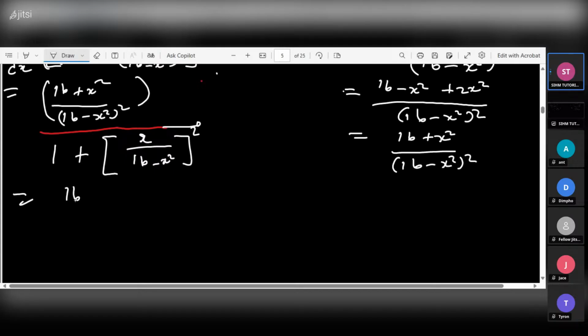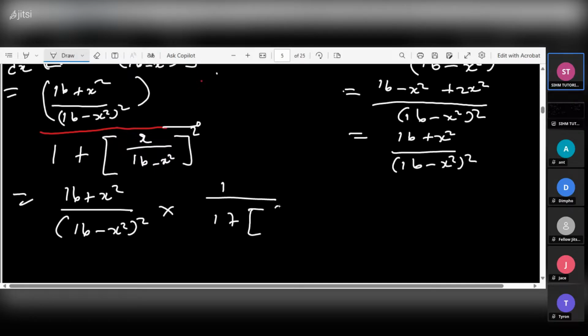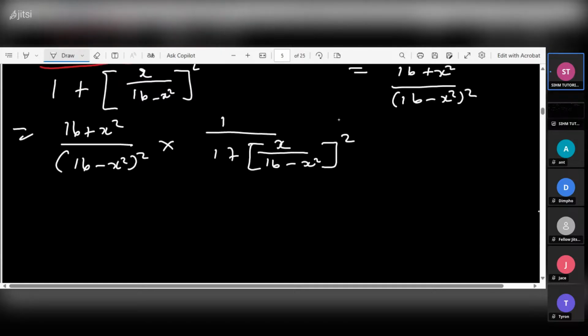So it's going to be (16 plus x squared) divided by (16 minus x squared), and then all squared, times 1 over 1 plus x divided by (16 minus x squared), and then all squared. And then from there, just going to simplify this.